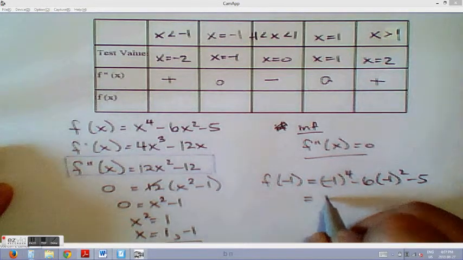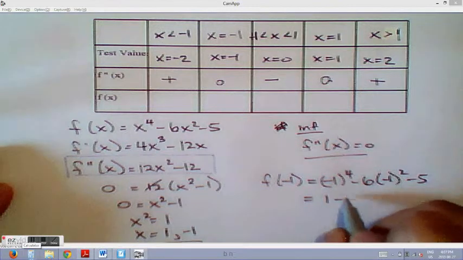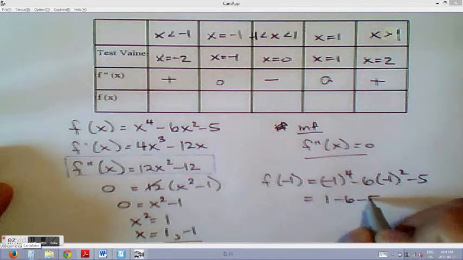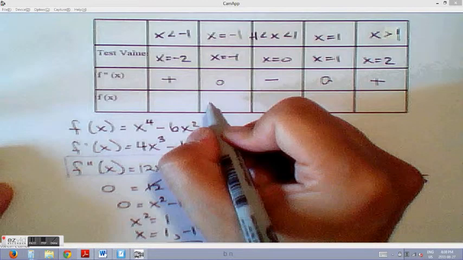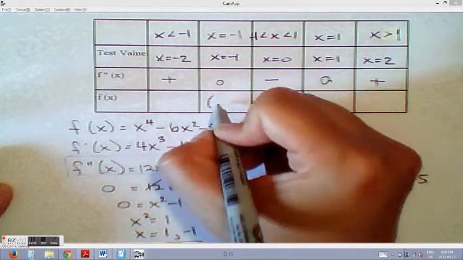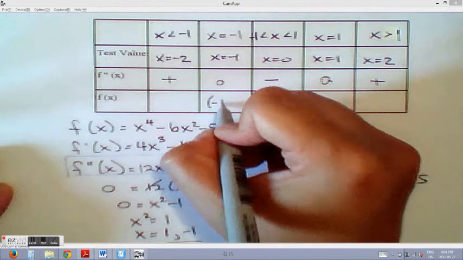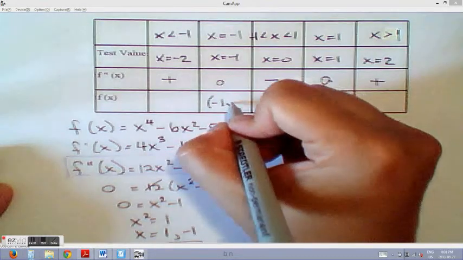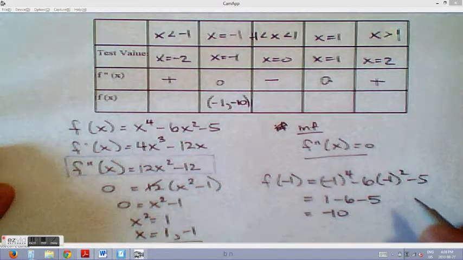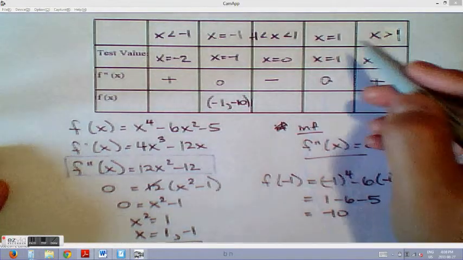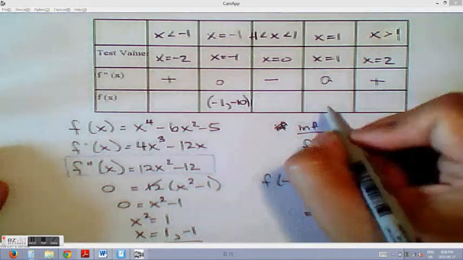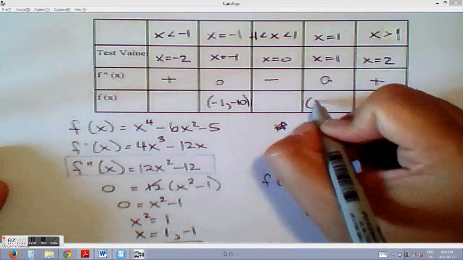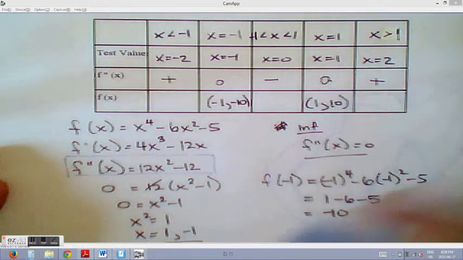So 1 minus 6 minus 5 is equal to -10. So at my point of inflection, when x is -1 and my y value is -10, that's my point of inflection. We can do the same here, and because it's a positive exponent, we'll also have -10. So 1 and -10.